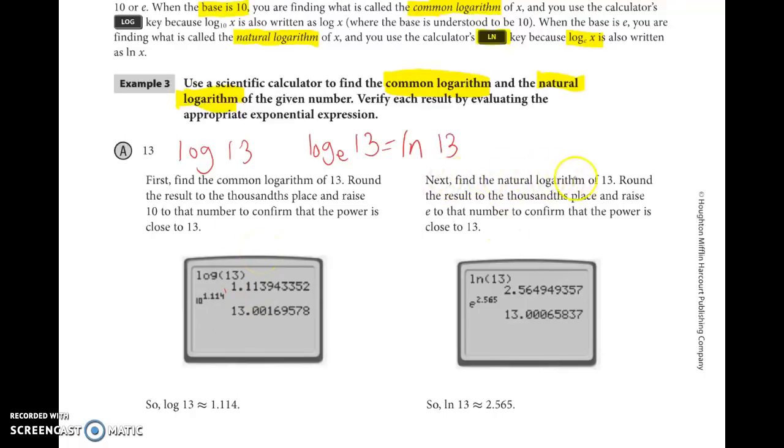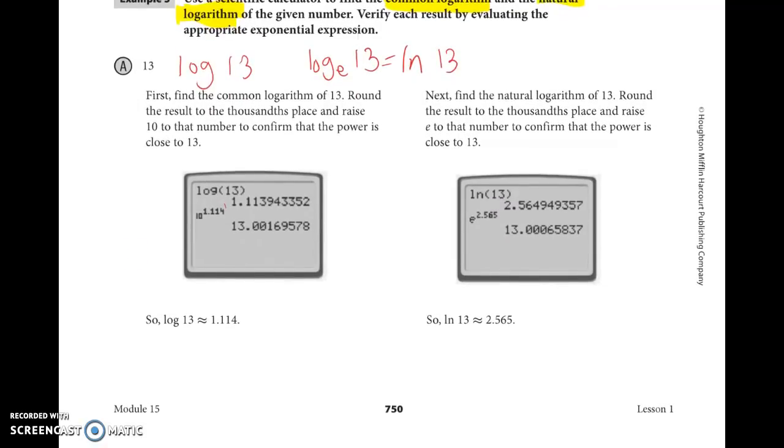Then it says next find the natural log of 13, round the result to the hundredths place, and then raise e to it. So the natural log of 13 is 2.56494, and so forth. Since we're rounding to the hundredths place, that's going to be 2.565. And so if we take e to that power to verify, we do get approximately 13.